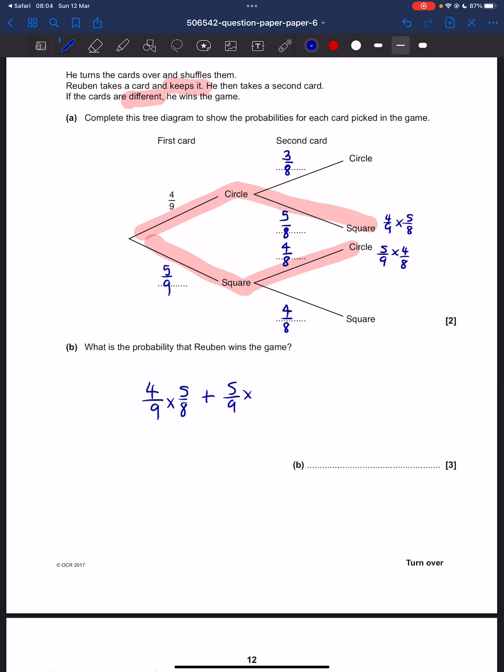So this is 20 out of 72 plus 20 out of 72, which is 40 out of 72. And now 40 divided by 72 on my calculator, 5/9. If it was non-calculator, you'd divide top and bottom by 8.